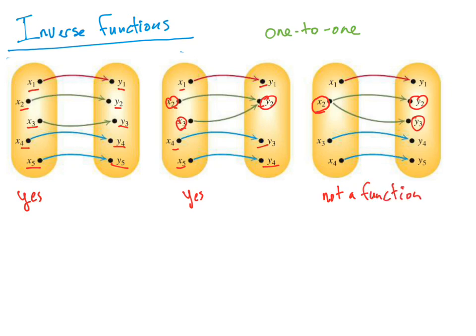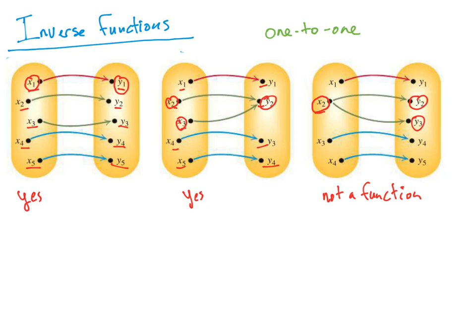Alright, so for the two relationships that are functions, we notice something a little bit different between the first one and the second one. In the first one, each input goes to exactly one output, and each output is coming from just one input. So y1 is only getting pointed to by x1, and so on.